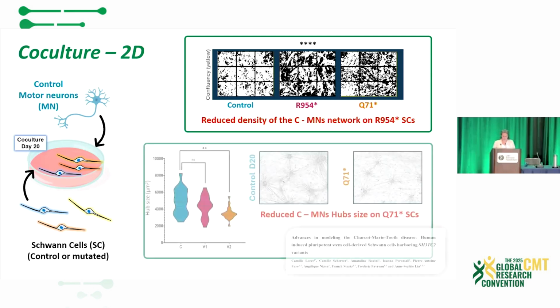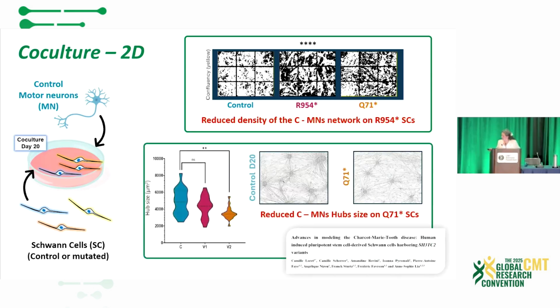Then we checked the size of the hub on the motor neurons, and we have a reduced hub size, especially for this mutation.